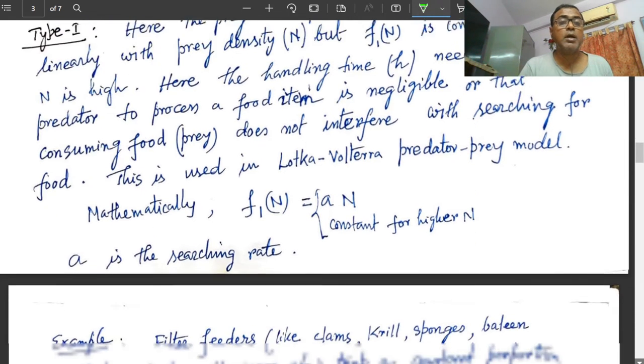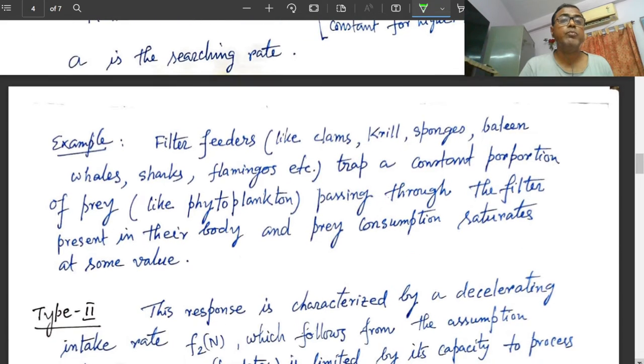Next we come to definition 2. Before that, we give an example for type 1 responses. Example: filter feeders like clams, krill, sponges, whales, sharks, flamingos, etc. trap a constant proportion of prey, like phytoplankton passing through the filter present in their body, and prey consumption saturates at some value.